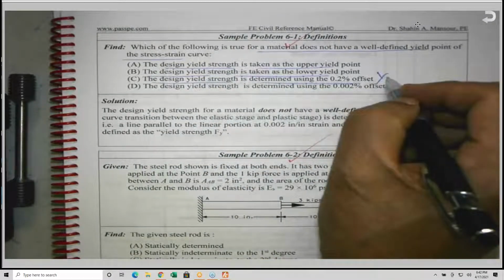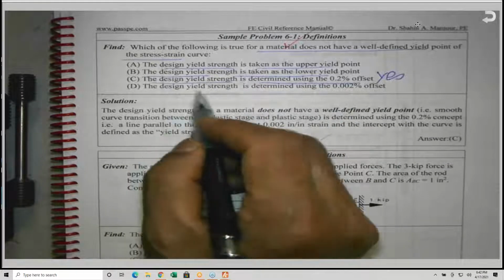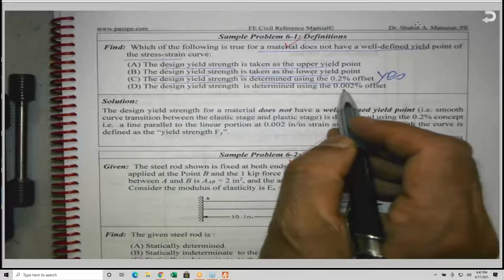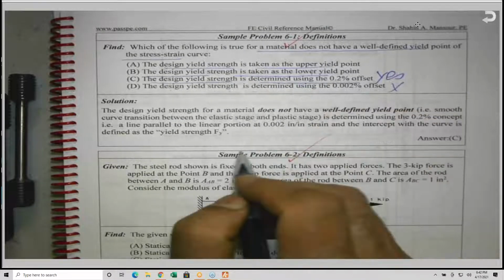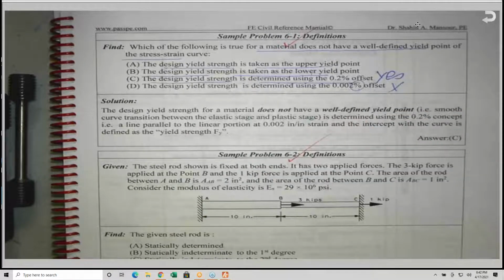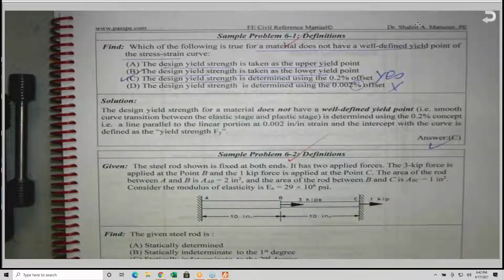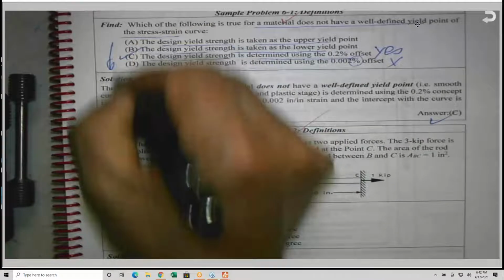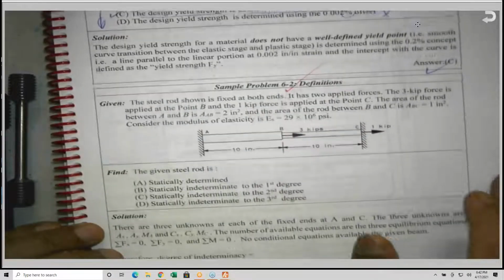This is yes, 0.2%. The design yield is determined by 0.002%? No, it is 0.2%. If you get rid of the percent here, the answer will be yes. You have to be careful, one zero can make a difference. So the answer is C, and here it is. Sometimes, by the way, I change these things, so if you find this doesn't match the correct answer, please let me know.